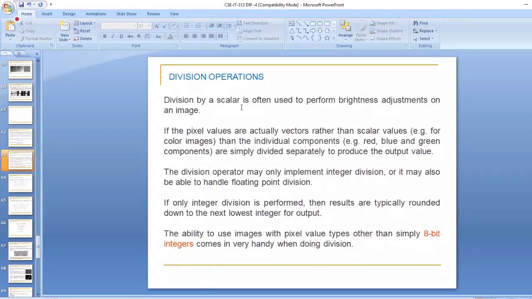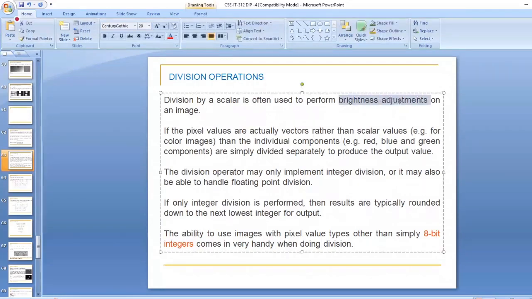Division by a scalar is often used to perform brightness adjustment on an image. So you can adjust your brightness. If the pixel values are actually vectors rather than scalar values, for example a color image, then the individual components, like red, blue, and green components, are simply divided separately to produce the output image.